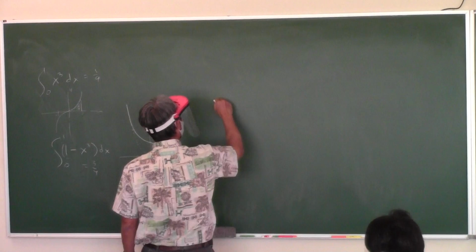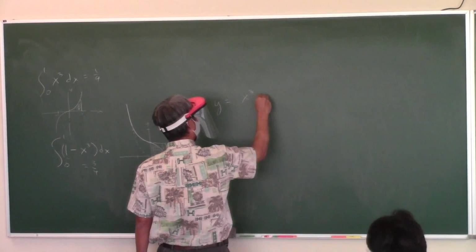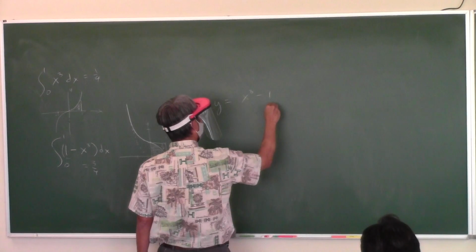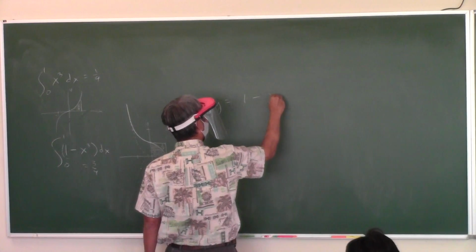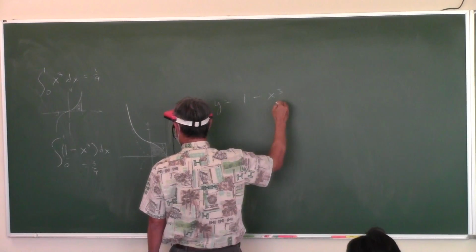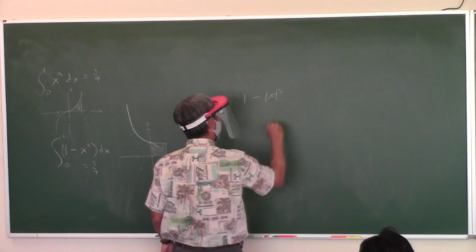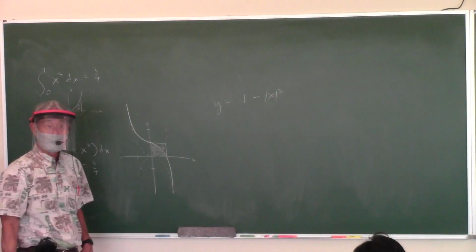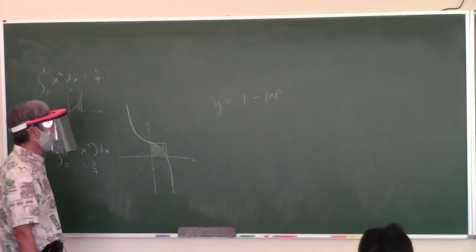I think it was like this. You have to be able to graph this. What was it? x cubed minus 1. No. 1 minus x cubed, like that. And then you put absolute value only on the x. Or something like that. I don't think it's exactly that.